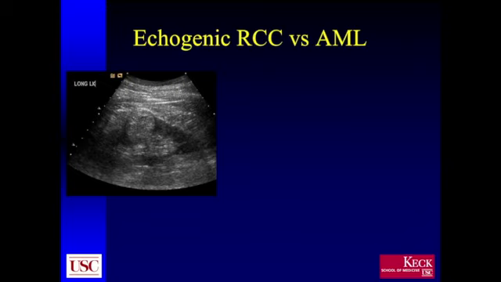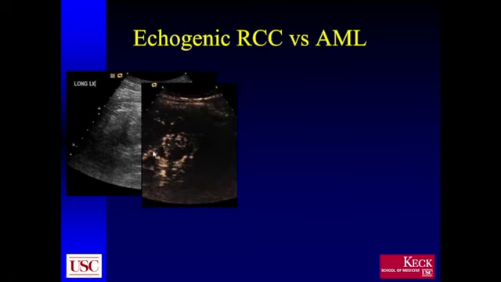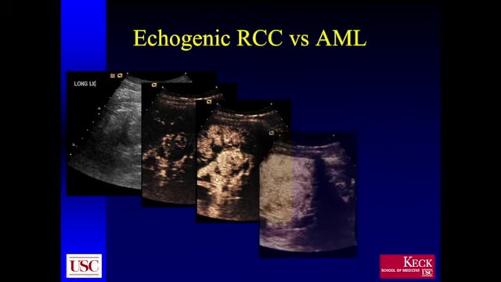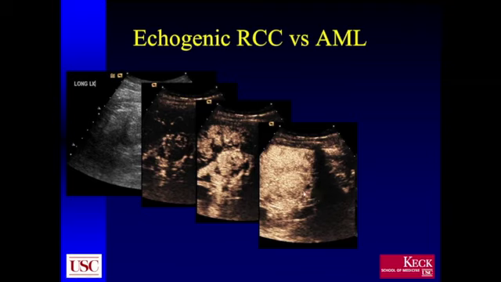Here is a case of a relatively large, homogeneously echogenic mass in the left kidney. Following contrast enhancement, there is rapid beginning of flow in this. Here you can see at several seconds later, this thing has intensely enhanced and continues to enhance throughout the sequence of images.